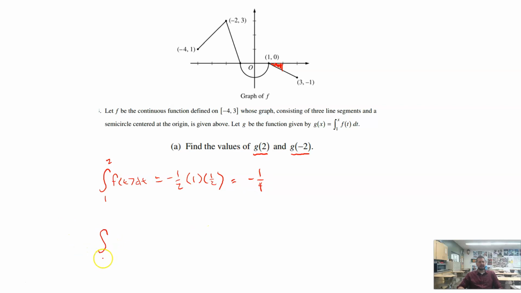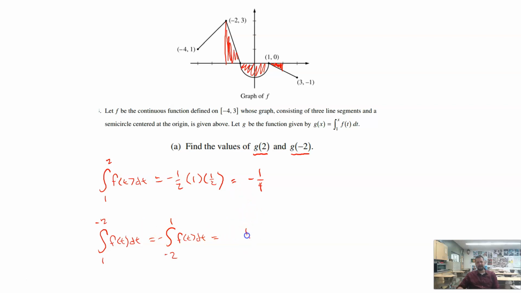If we're looking at the integral from 1 to -2 of f of t dt, there's a couple different things that we should probably do. First of all, we should switch this, so it's going from -2 to 1, but when we do that, I put a negative out front. So I'm going from -2 to 1, so I'm looking for this area right here, this big triangle, and then the semicircle, and then we're going to add those two together and make them negative, because of the negative out front.